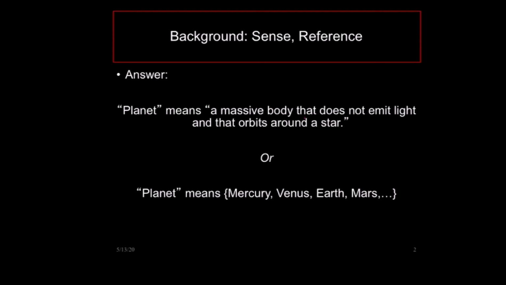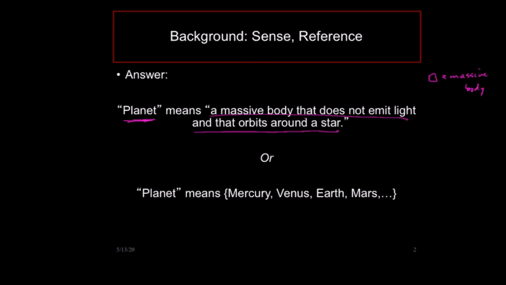We might say, for example, that by the term planet, what we mean is something like a massive body that does not emit light and that orbits a star. When we do that, we are giving a kind of definition of the term planet, as if we were making a checklist of all the features that an object has to have in order to be a planet.